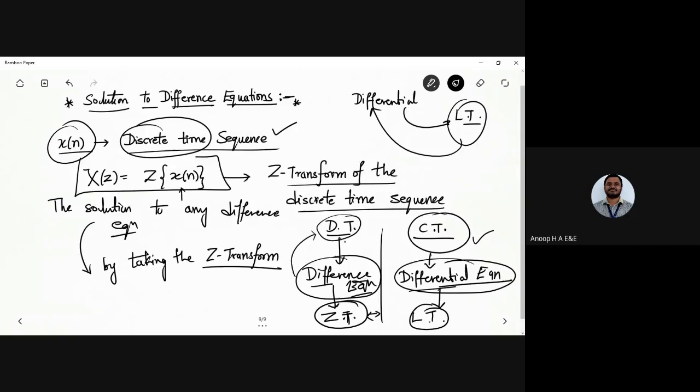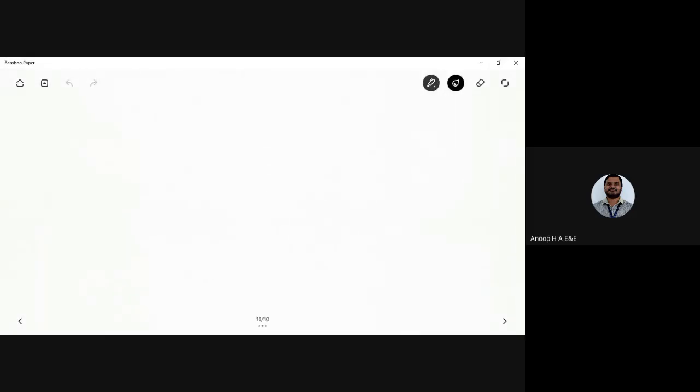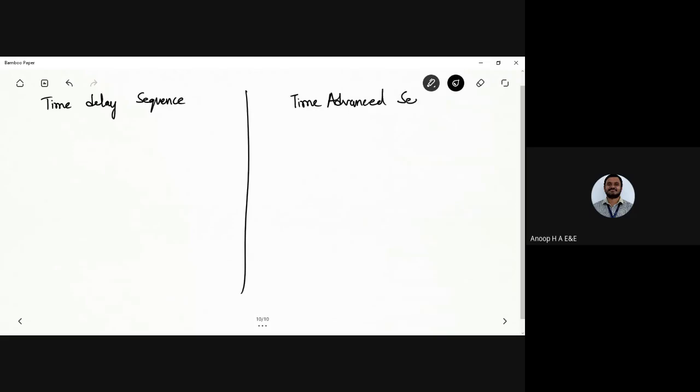You know that X of z is the Z transform of x of n, the discrete time sequence. If I want the solution to the difference equation, we may have the time delay sequence and, at the same time, the time advanced sequence.